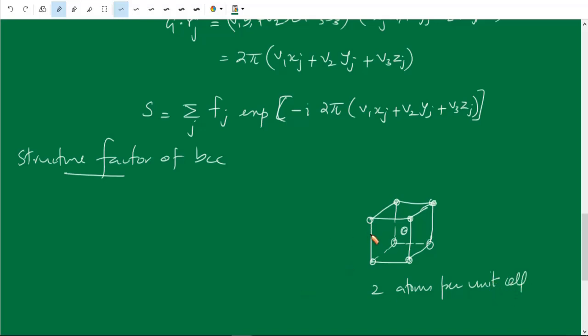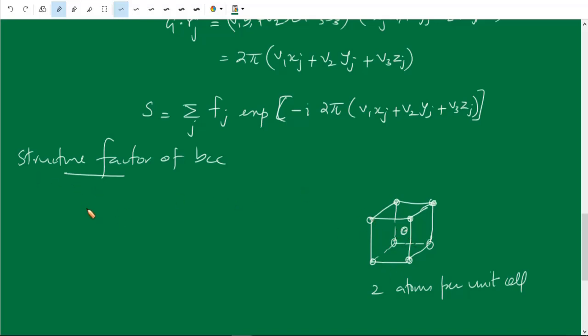So we can consider 1 atom in the corner and the next atom in the body center. Instead of taking all these 8 atoms, we can consider one whole atom in the corner, that is at r equal to 0, and another atom at r equal to half.